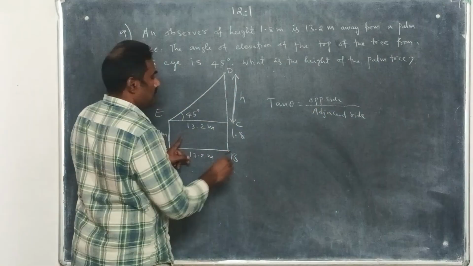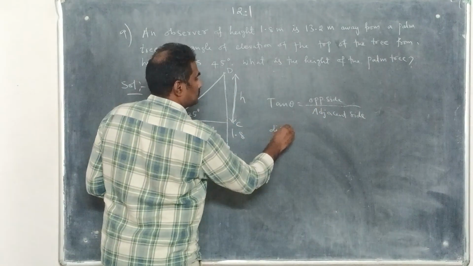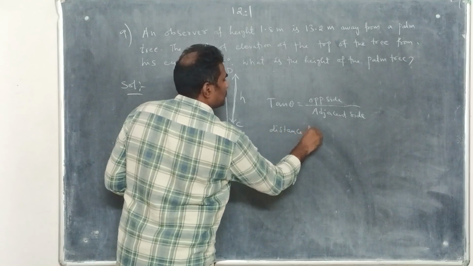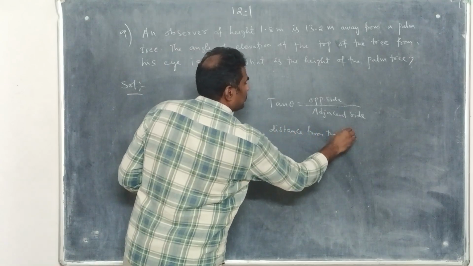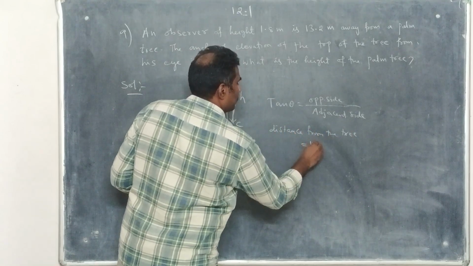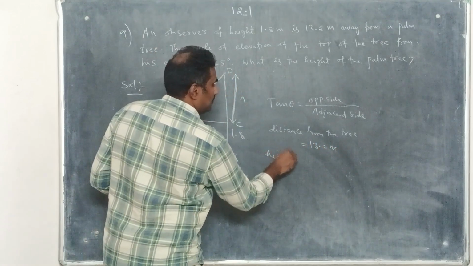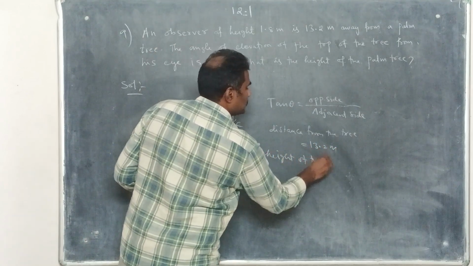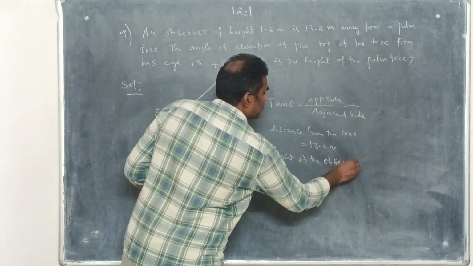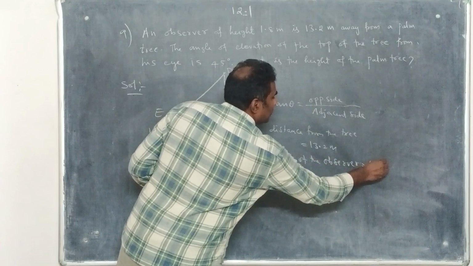So you will write the distance from the tree is 13.2 meters. Height of the observer is also given as 1.8 meters.